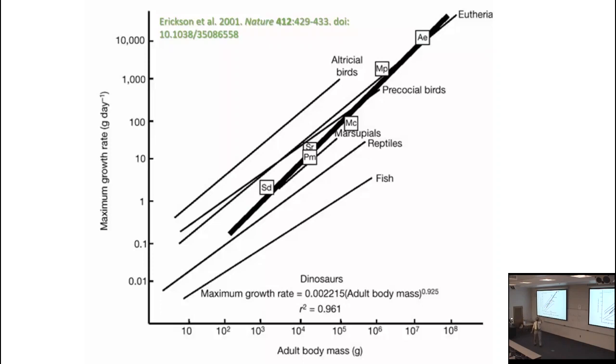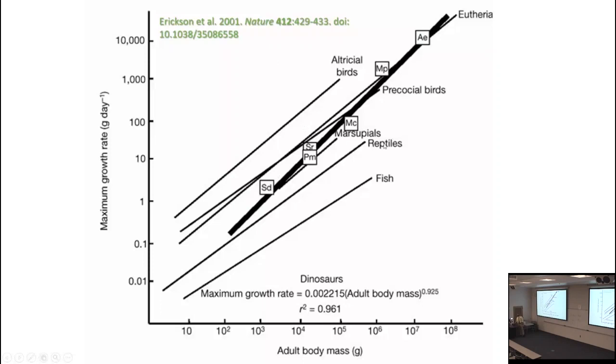If you find the phase of most rapid growth, you could plot that up for both modern and extinct animals, and we find that non-avian dinosaurs, dinosaurs other than birds, are the ones in the squares, and they're forming this line here, which is plotting among the eutherians, those are placental mammals, precocial birds, so again, birds who are able to walk around at hatching, like chickens and ostriches and so forth, and marsupial mammals.